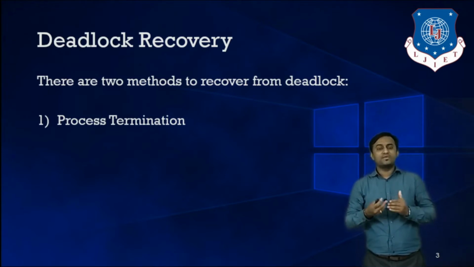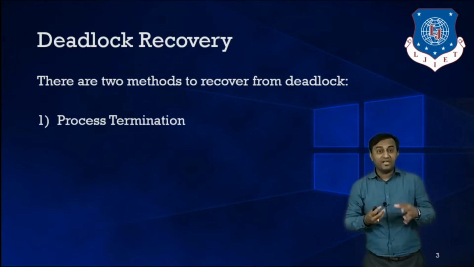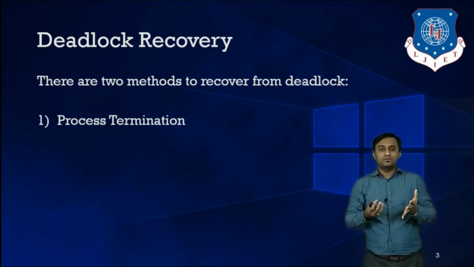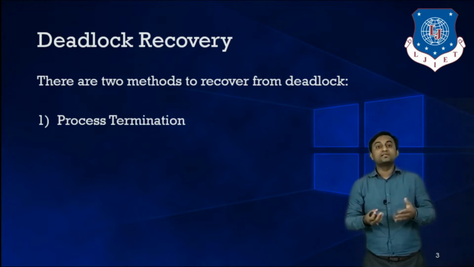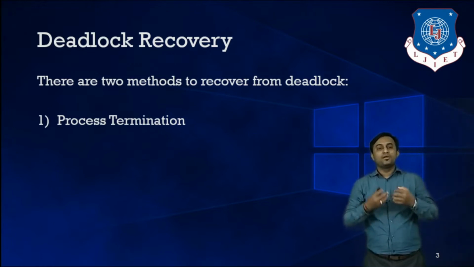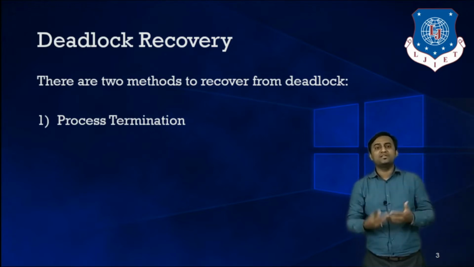And what does deadlock mean? As I told you in the previous session, different processes are waiting for each other to release resources for their own execution. So if a cycle exists, if these four conditions that we discussed in the previous session are simultaneously true, deadlock will occur.